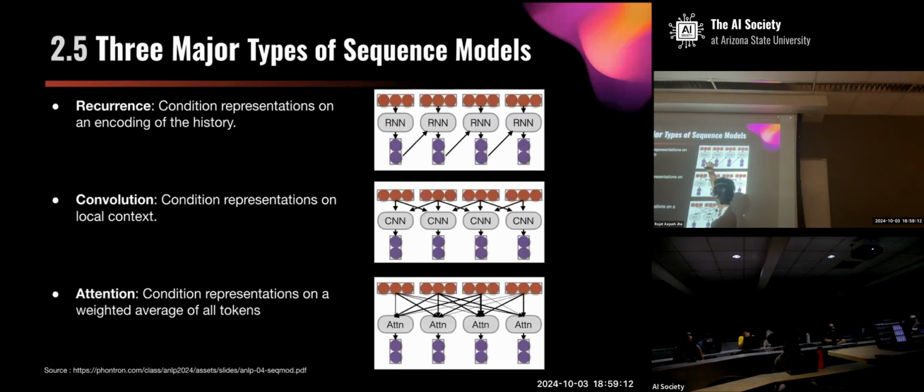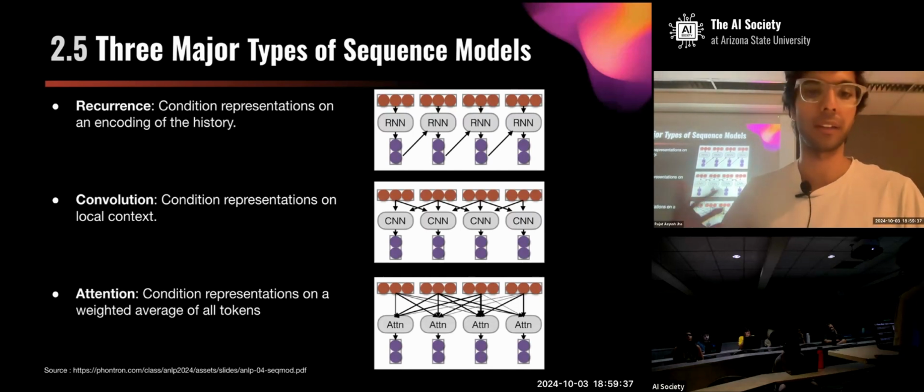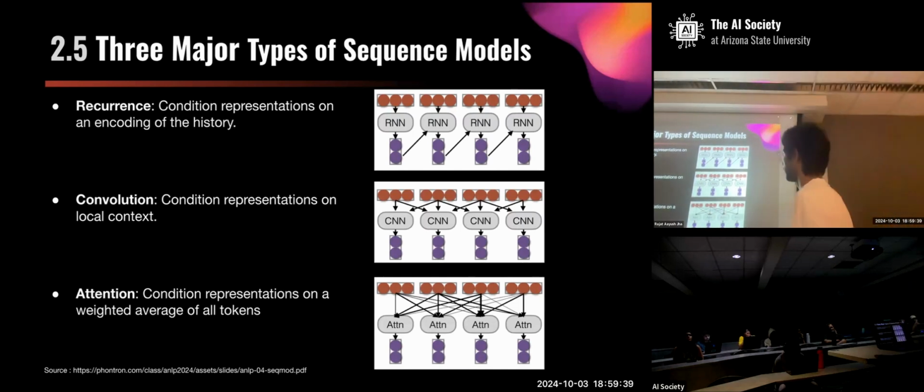This output is known as the hidden state. It is used for the prediction of the next token along with the input. It is known as recurrent because the parameters of this architecture are the same everywhere. The same model is used here, here, here, everywhere. That's why it's known as recurrent neural networks, or recurrence.